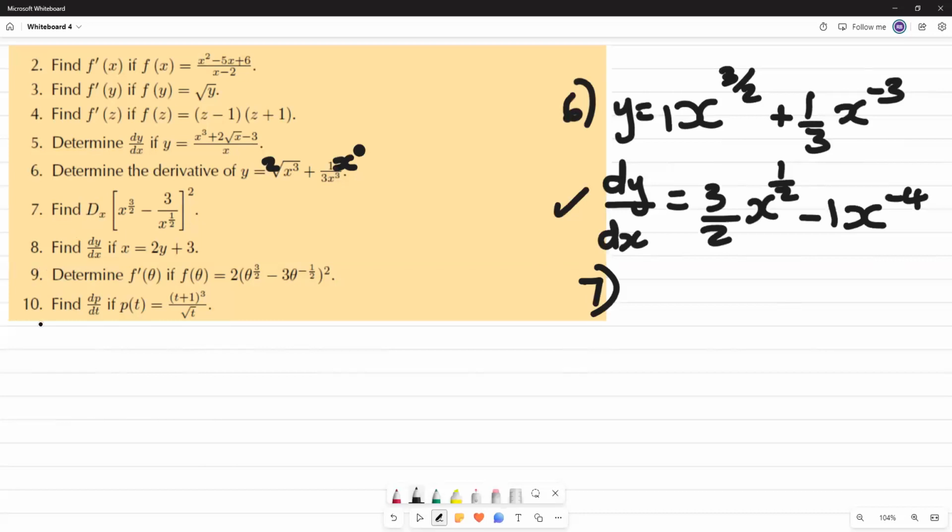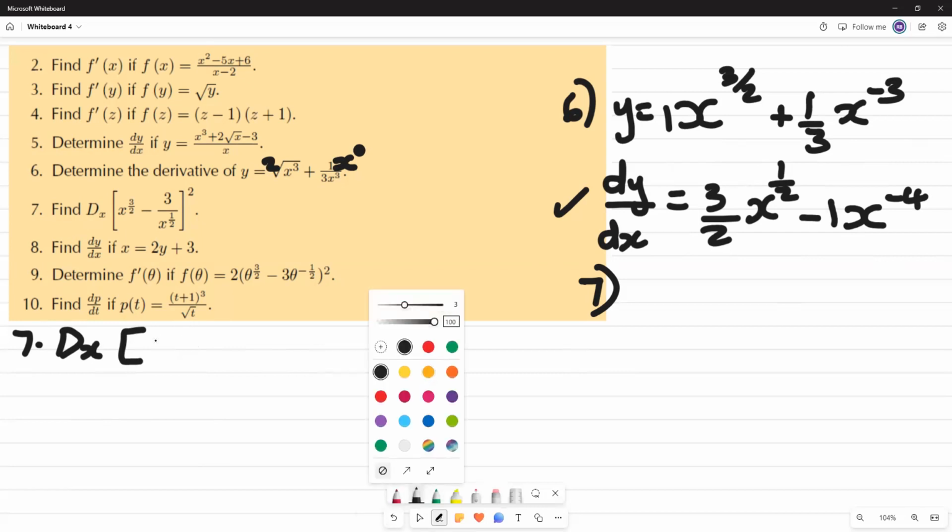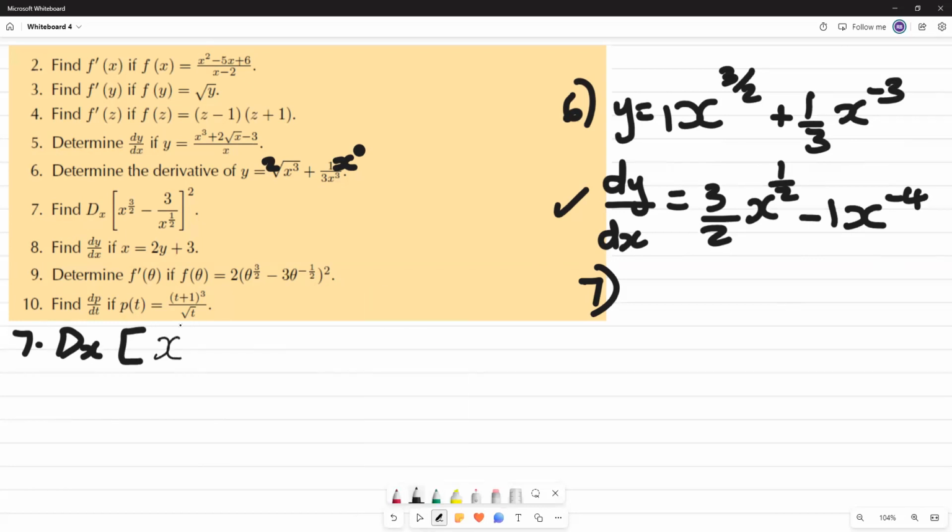I'm going to quickly write it here. I have dx equals x to the power 3 over 2. Okay, let me reduce the size of the pen actually. Let's make it 4. Let's see how it's going to, or 3 is fine. x to the power 3 over 2 minus, you can see that here is going to be 3x to the power negative half, basically.